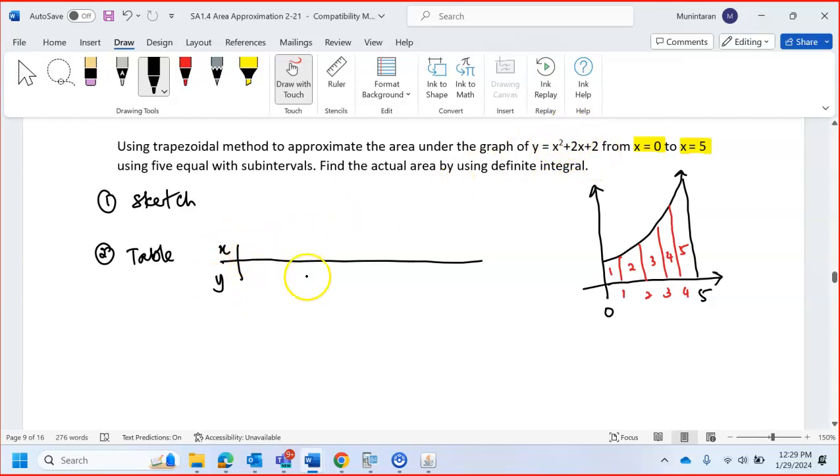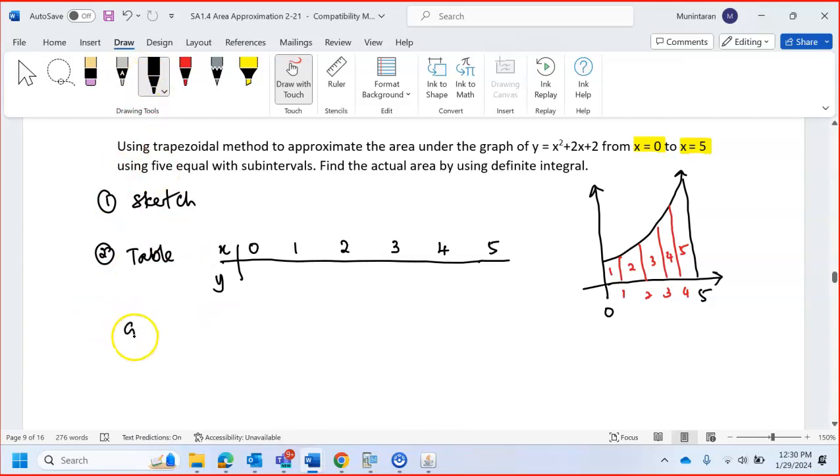The x values should be the values here: 0, 1, 2, 3, 4, and 5. Of course, you can substitute one by one into your calculator and waste a lot of time. To make your life easier, we will be using the graphing calculator.